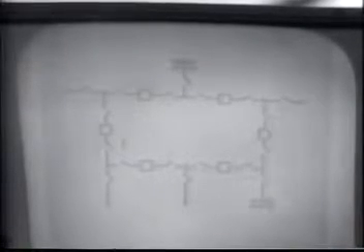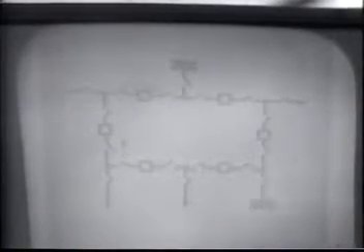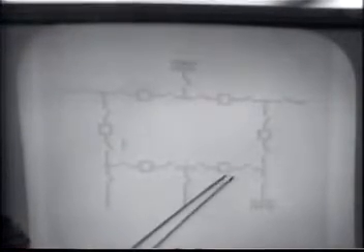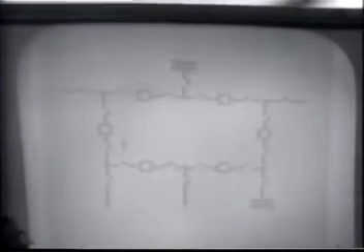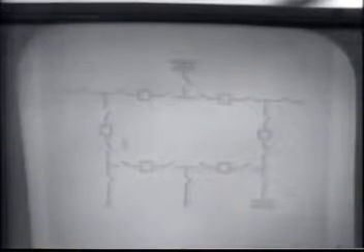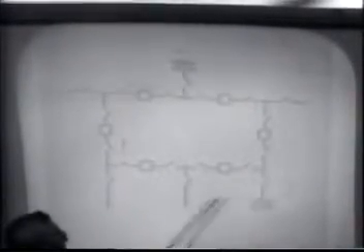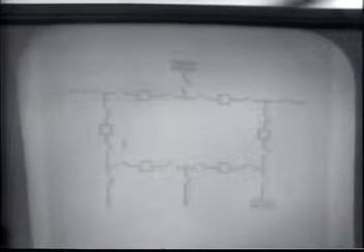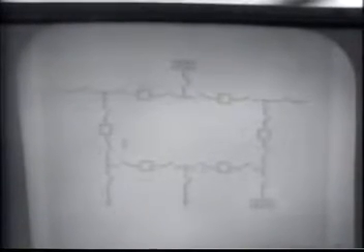This gives you more flexibility than in the single breaker, single bus system, in that you can take any given circuit breaker out for maintenance or whatever purpose and still continue to carry load on all of the elements from the bus. With the previous sketch that we showed, the single breaker, single bus system, if you take the breaker out of service, then you've interrupted the circuit and cannot carry energy.